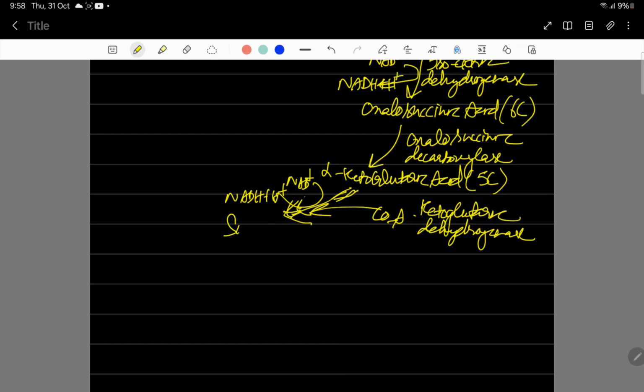It forms the succinyl coenzyme A, which is of 4 carbon, and releases CO2.